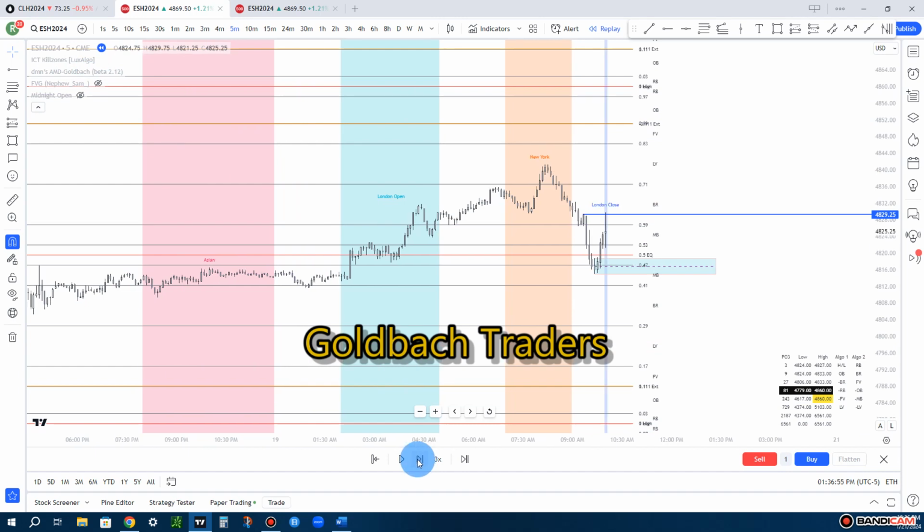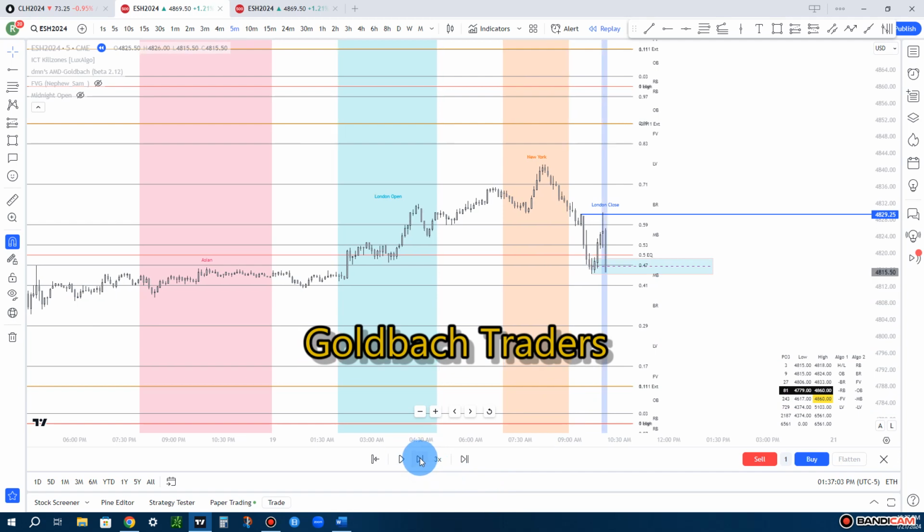All right. So we just broke that high on that candle and we're in the kill zone. So now we've completely gone into the mitigation block. A little bit scary candle there. I was looking at it on a 1 minute time frame and it wasn't quite as scary. But let's keep forwarding it here.